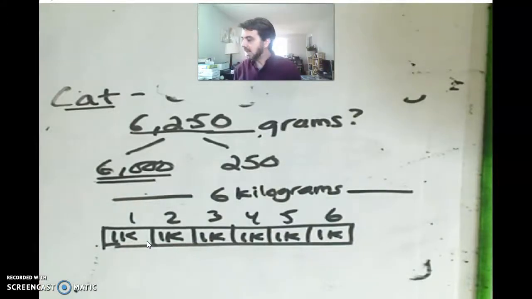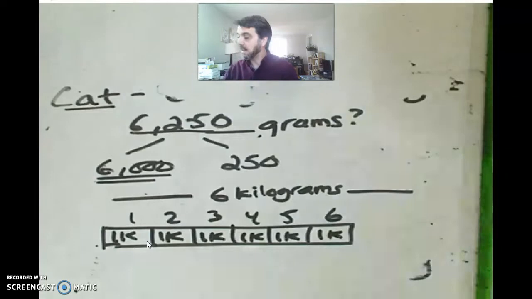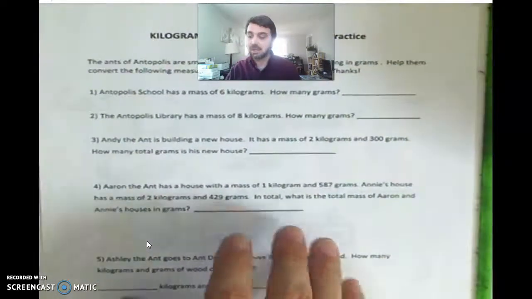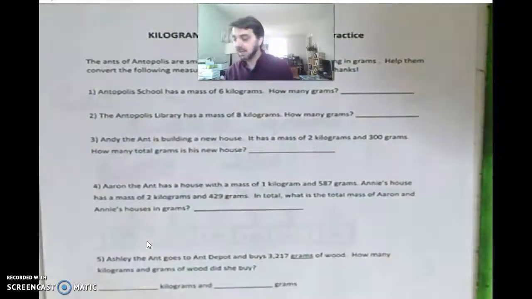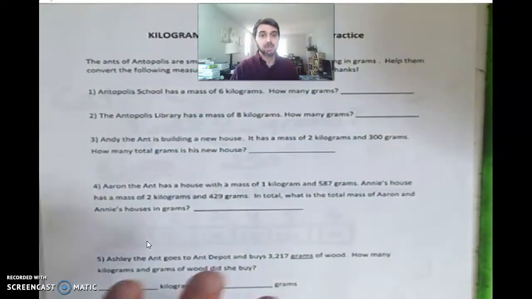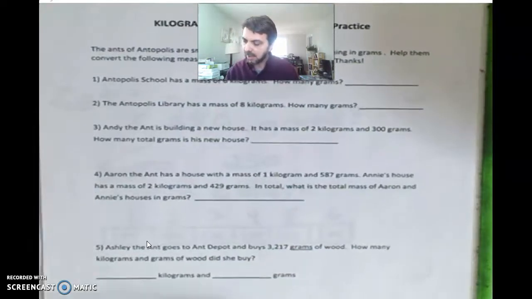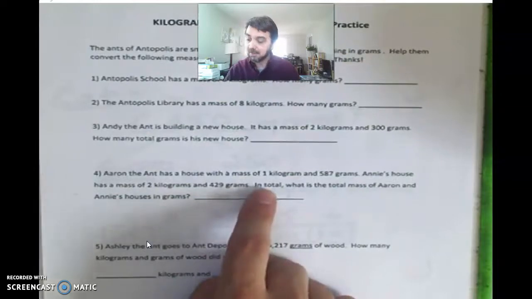There are some more problems where you have to convert, mostly it's just converting kilograms into grams. Use your reference sheet. Use what I just showed you. And there's one problem I wanted to point out where it asks you to add them up.